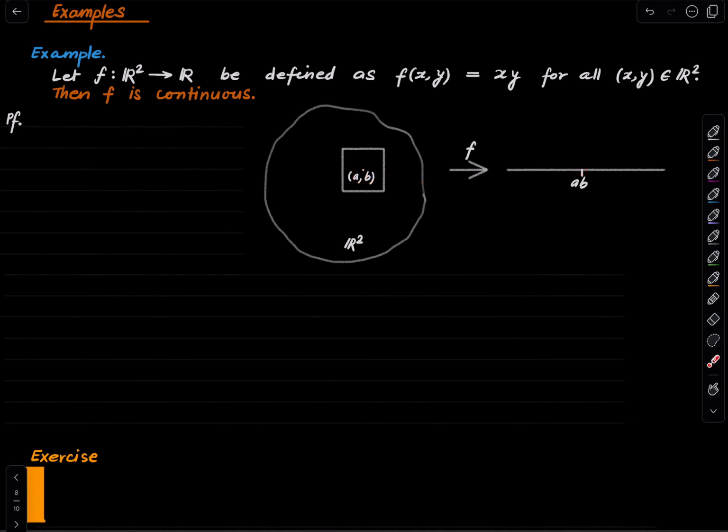So let this be an arbitrary point. And we want to show that f is continuous at that point. Okay, just restating the problem.